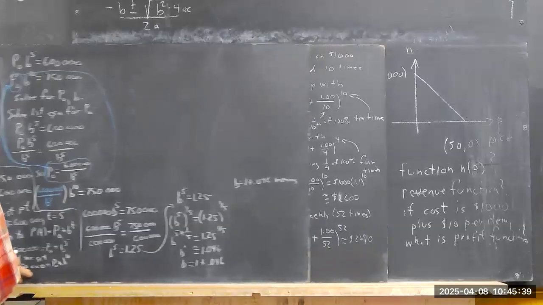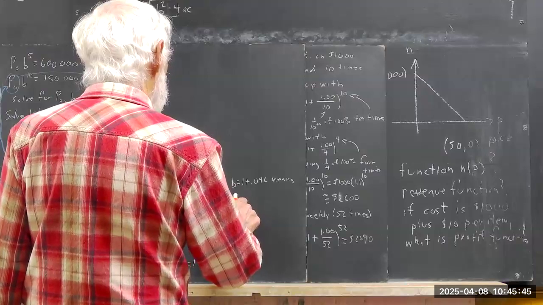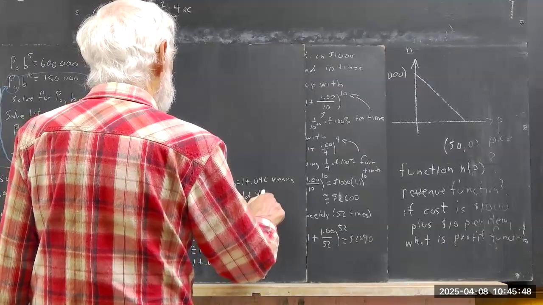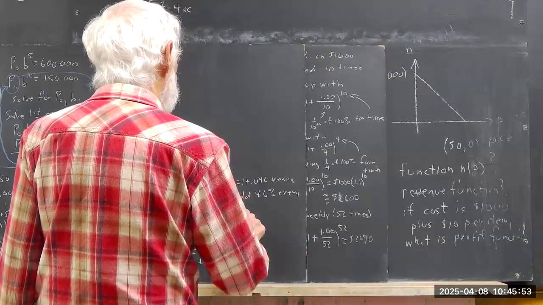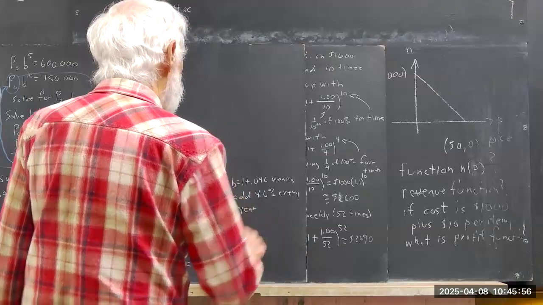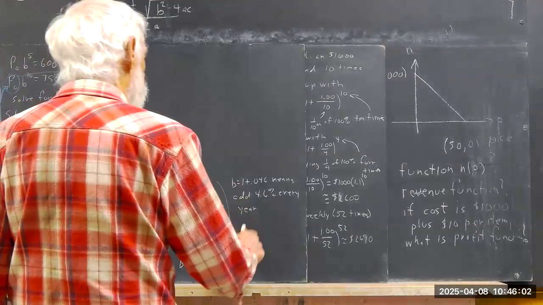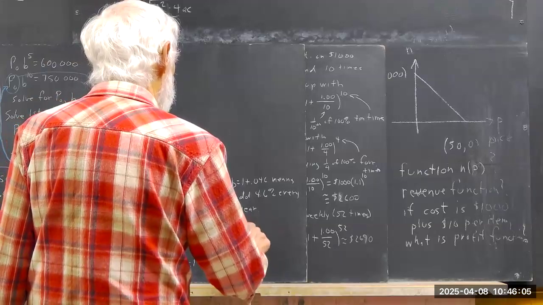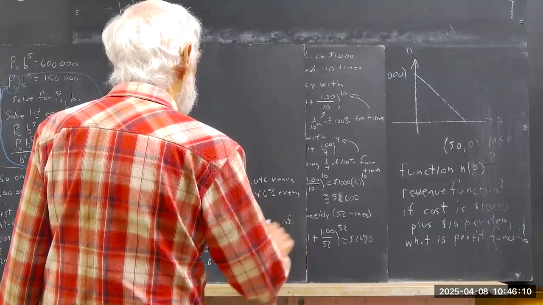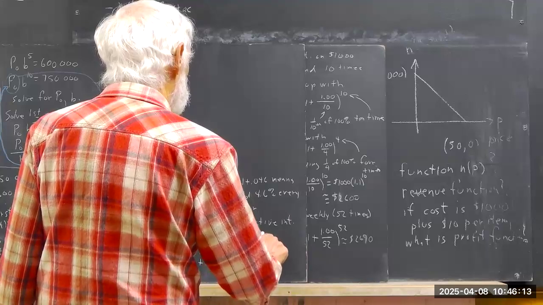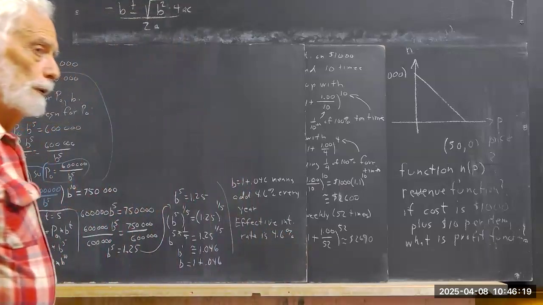You can interpret this as meaning we're adding 4.6% every year. And your effective interest rate is 0.046.